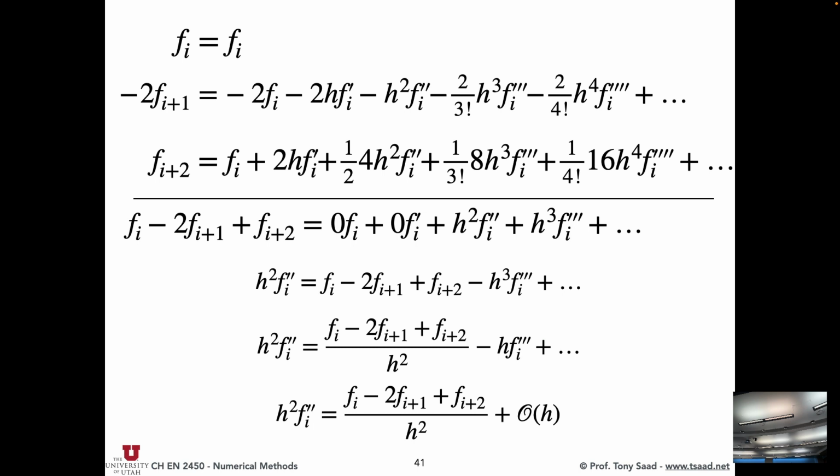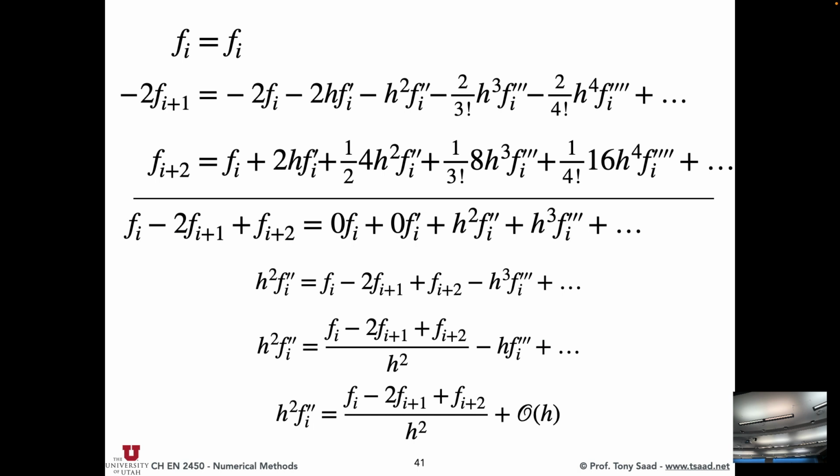And this is the Taylor series for f(i+2). Notice at f(i+2), you get 2h, and then 4h squared, and 8h cubed, etc. Now, if you combine them according to that formula, you're going to get h squared f double prime equal that guy, right? And then you divide by h squared, you get that approximation indeed. And the order of accuracy is going to be order h.